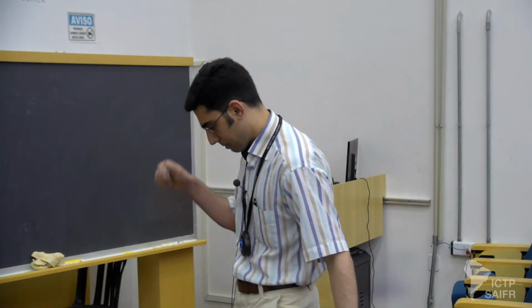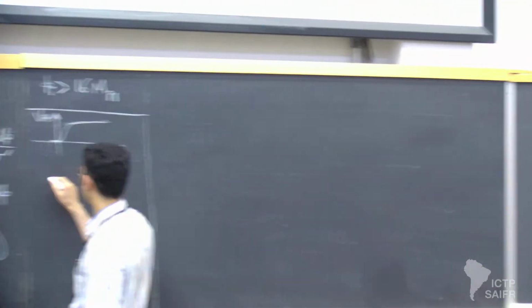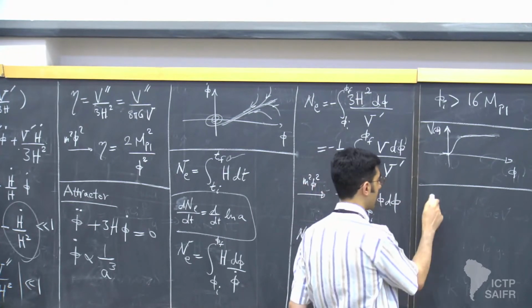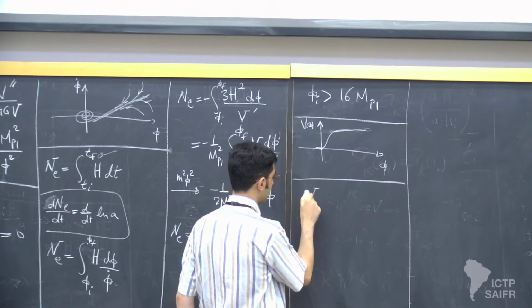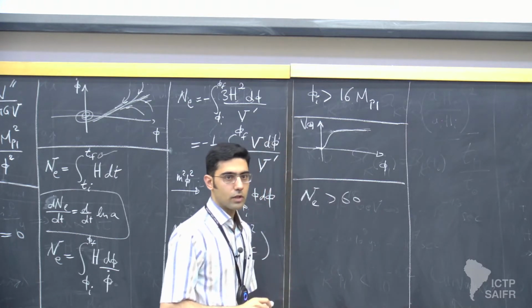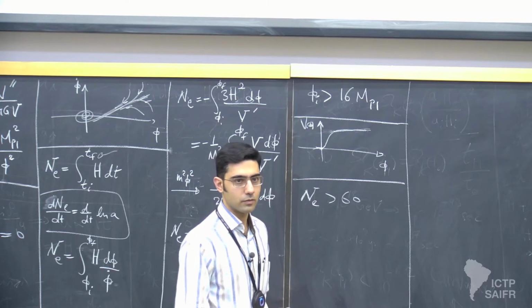Okay. Actually, in the morning what I did was derive a lower bound on the number of E-folds. I said that to solve the problems, we need at least 60 E-folds. However, to derive that, I used an upper bound on the scale of inflation.